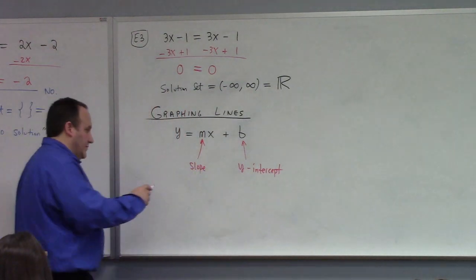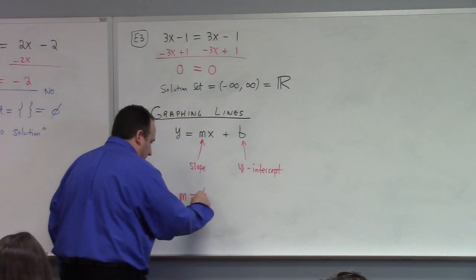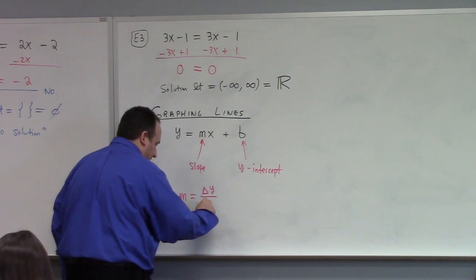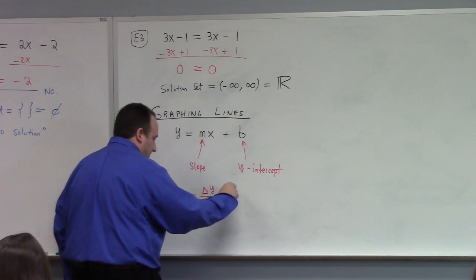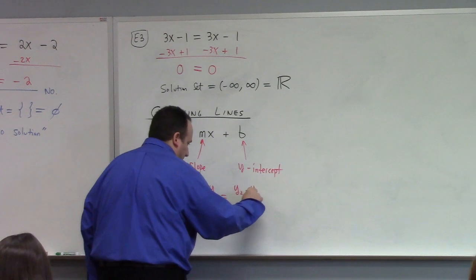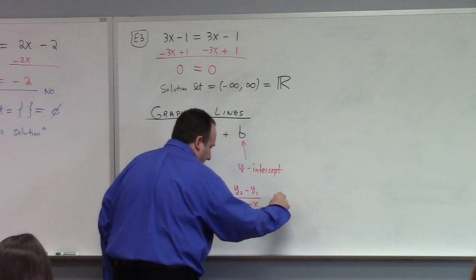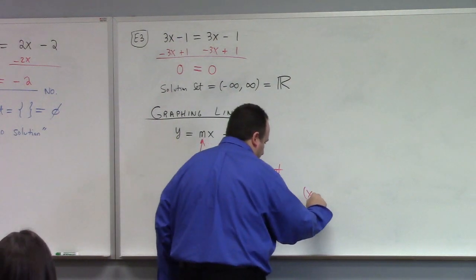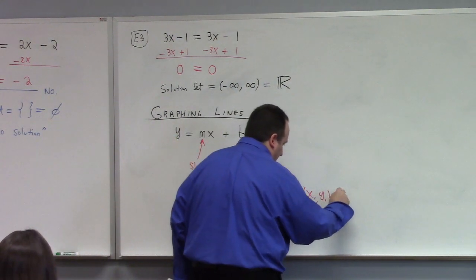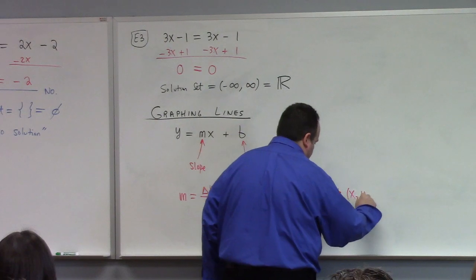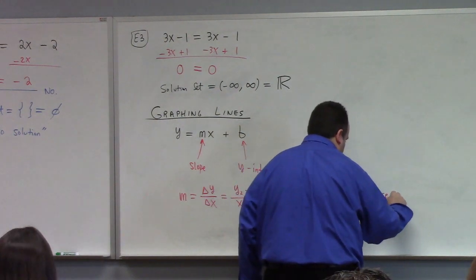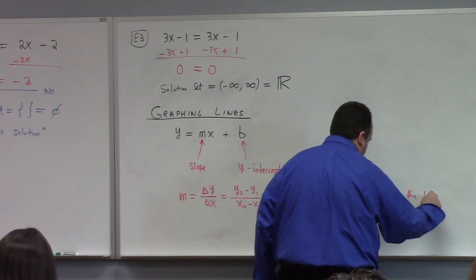So the slope is going to be like the change in y divided by the change in x, which specifically would be something like y2 minus y1 over x2 minus x1, where x1, y1, and x2, y2 are on the line.